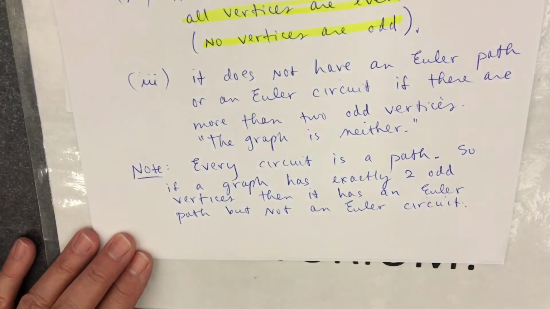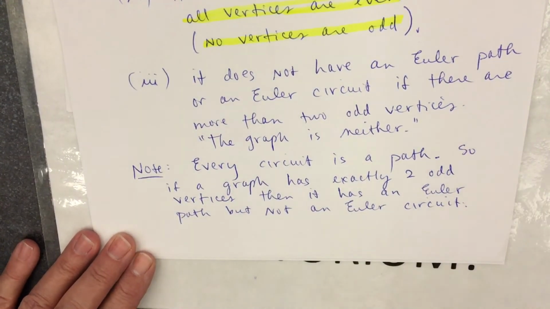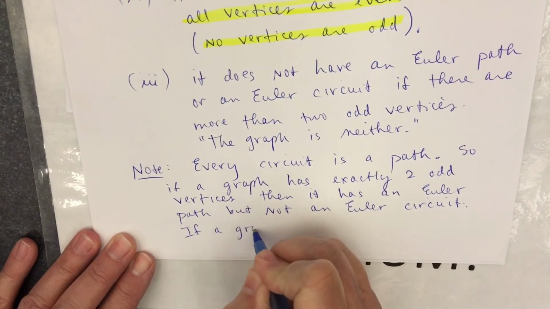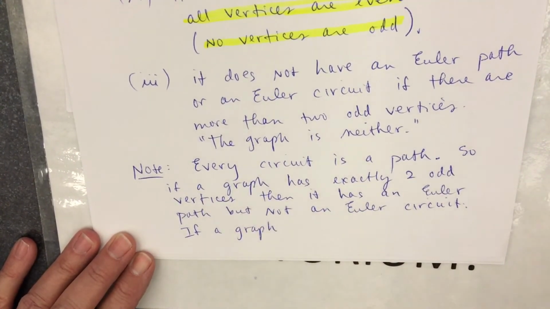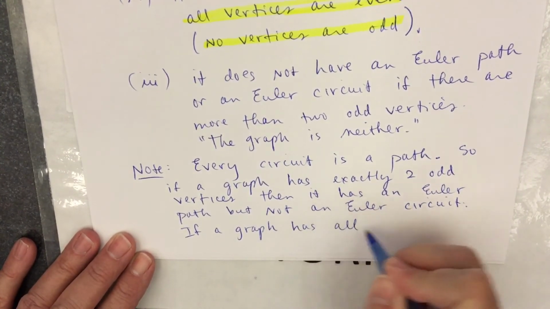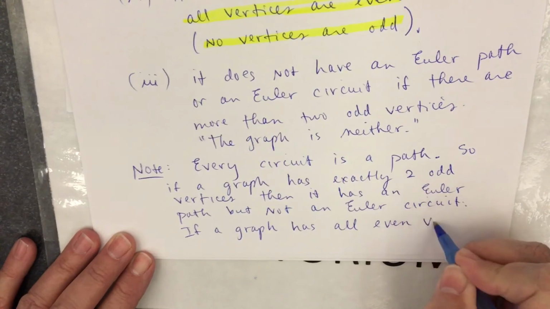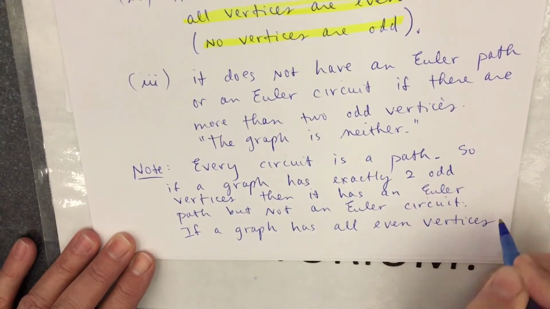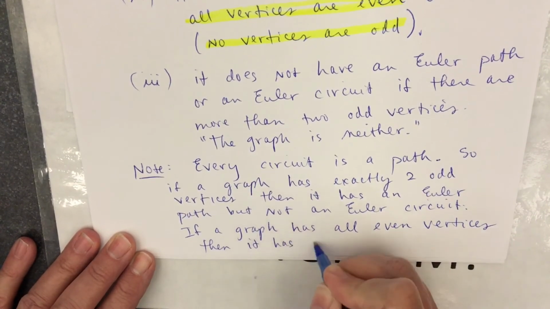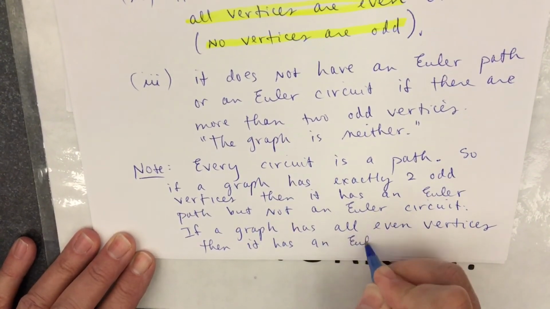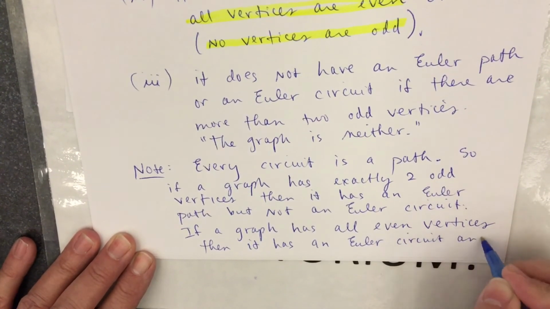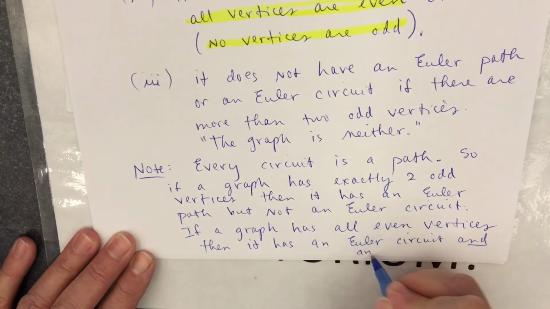And if a graph has all even vertices, this is a connected graph, if a graph has all even vertices, then it has an Euler circuit and an Euler path.